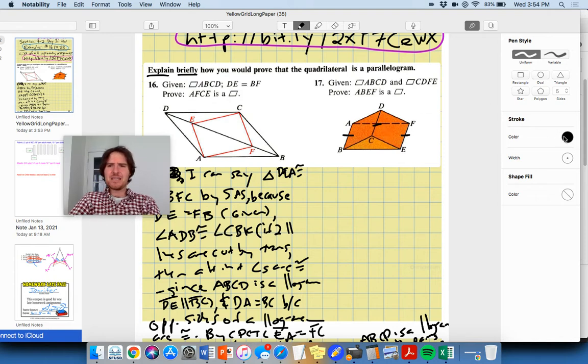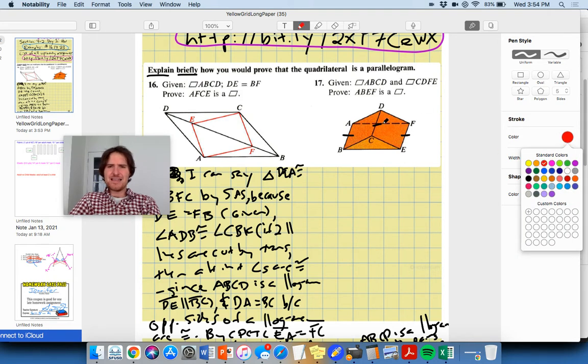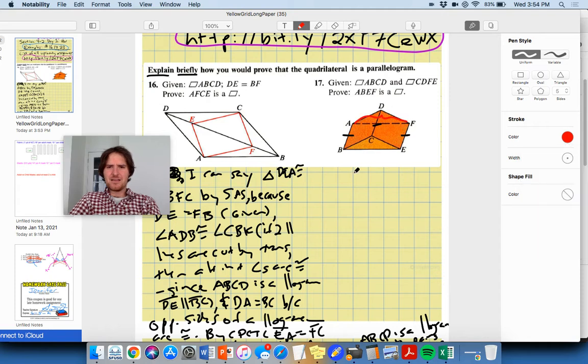But that doesn't help me say anything about this side and this side. So quick hint: what's maybe another way I could prove this? If you haven't seen it yet, maybe we can talk about it more tomorrow, but I can't actually get those congruent to one another. I can't crack the code.